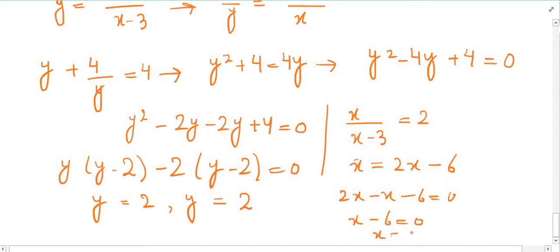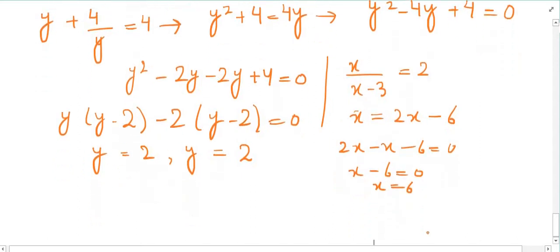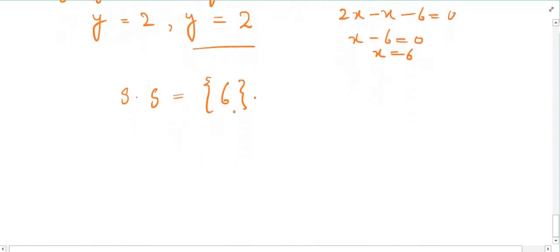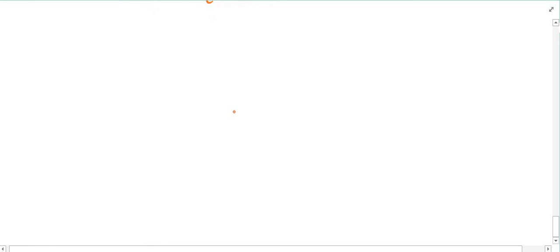This is x equals 6. So the solution set is 6. Okay, 8.